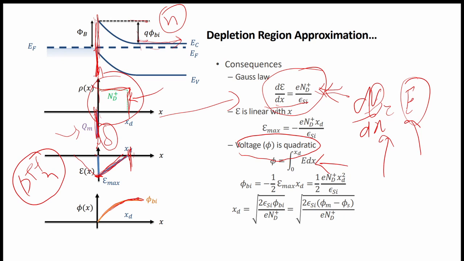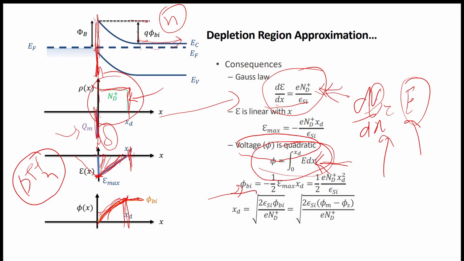This is the shortcut to calculate phi bi: it is how much the bands are bending at this position, how much it is varying. That variation is nothing but the area under this triangle, because what we are calculating from this integration is the area.